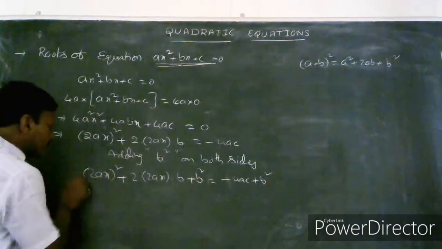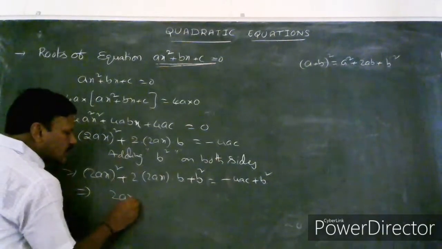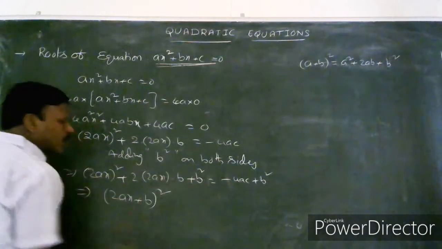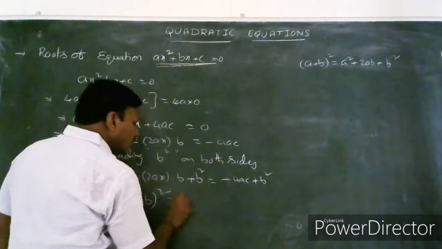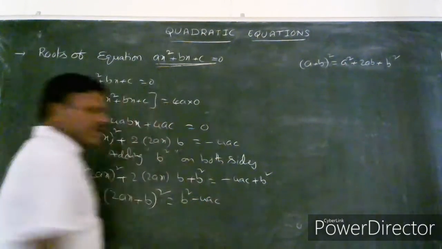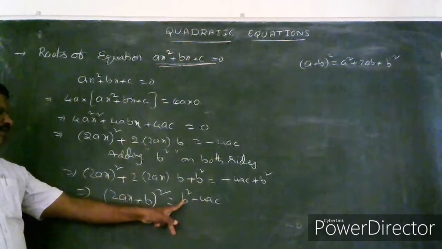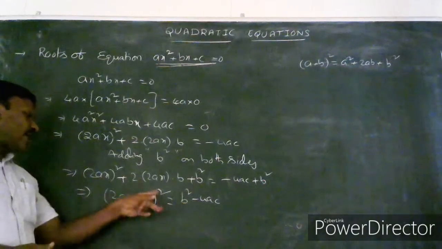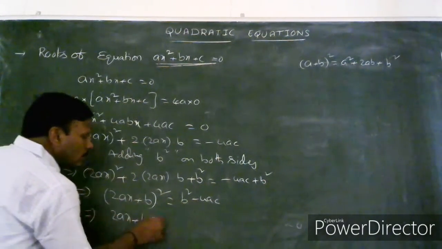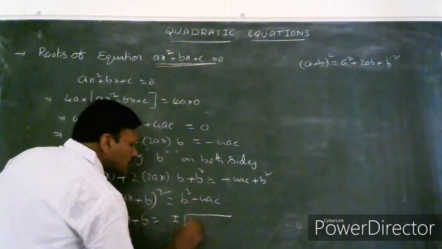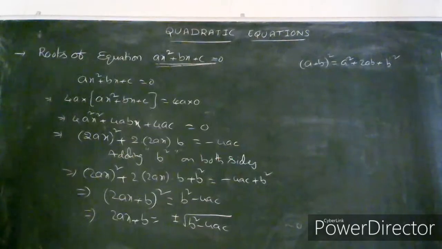That implies a² + 2ab + b², that means (2ax + b)² is equal to, writing the positive value in first place, b² minus 4ac. (2ax + b)² equals b² minus 4ac. When we remove the square on the left side, we get plus or minus root of b² minus 4ac.